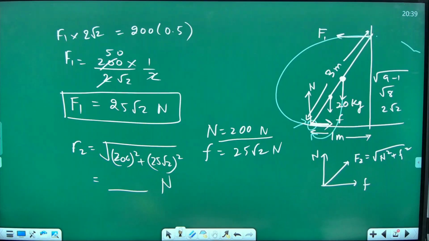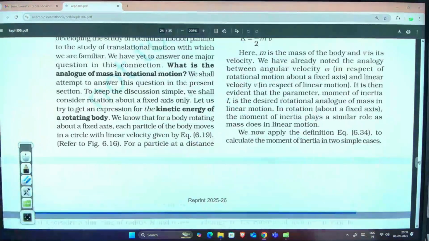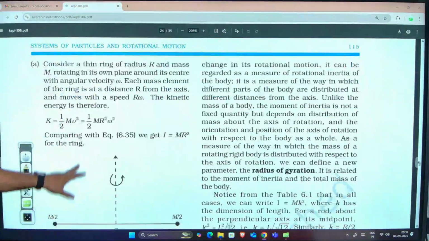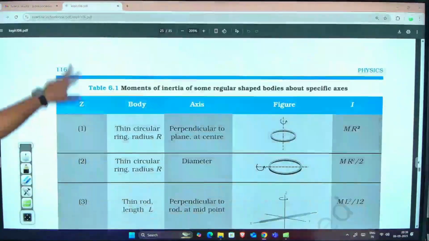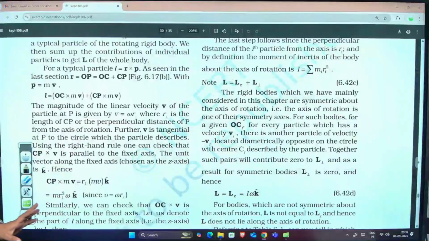Have you done it? If you are done, exercise 6.9. Shall I go? See, in this chapter, I have not gone in NCERT order. I have taught you as you understand well.